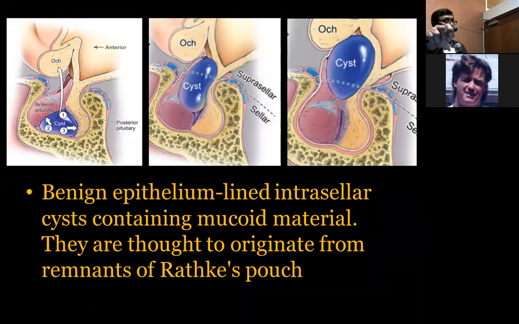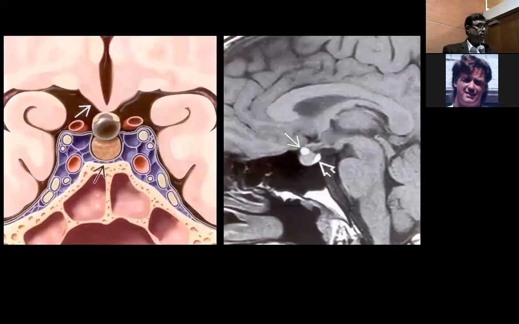It is called intrasellar type, or it goes up, intrasellar-suprasellar type, or completely above the diaphragm, and it's called suprasellar type, according to the embryology which we have just discussed. As there is an epithelium-lined pouch there, it will secrete mucin, and it will form a cyst. This is a picture of the cyst.